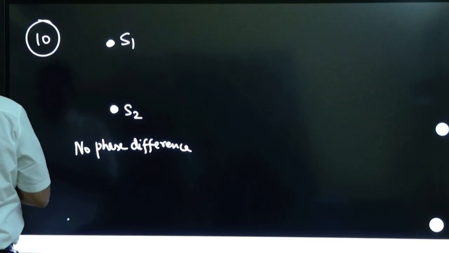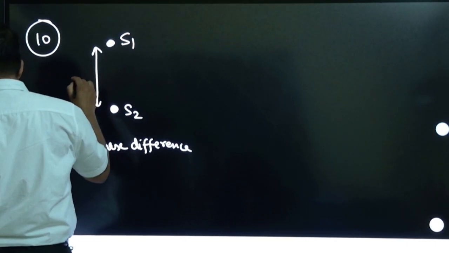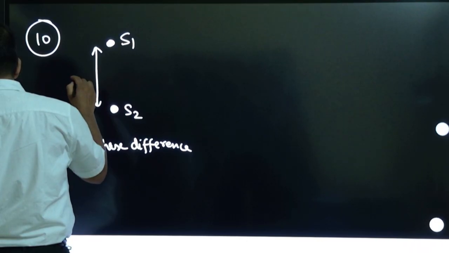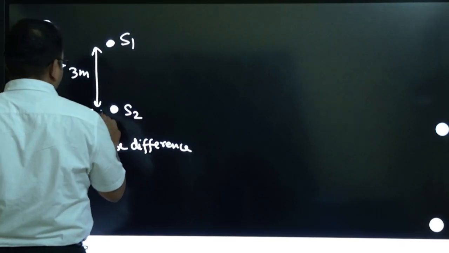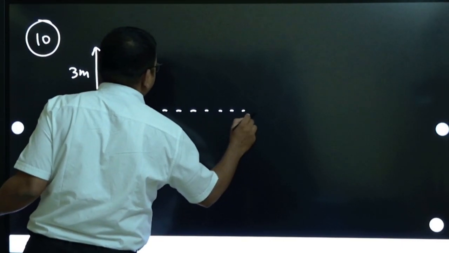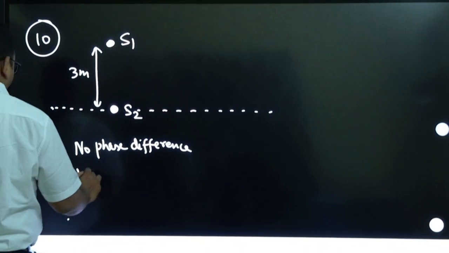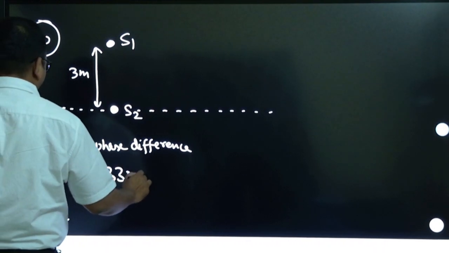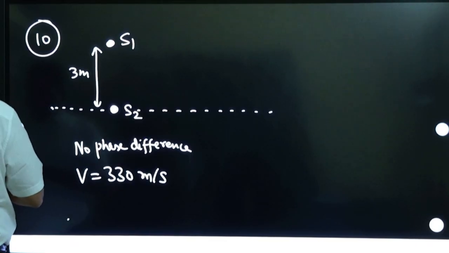Velocity of sound, and they are saying that the separation between these two is given as 3 meters. And this is one line there. The velocity of sound is 330 meters per second, they have given.